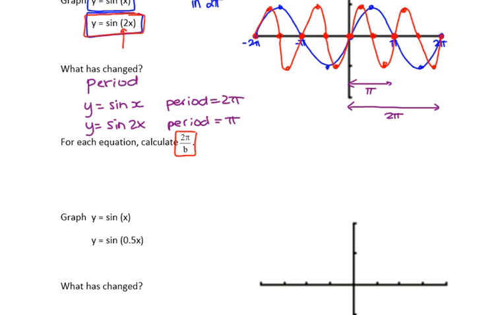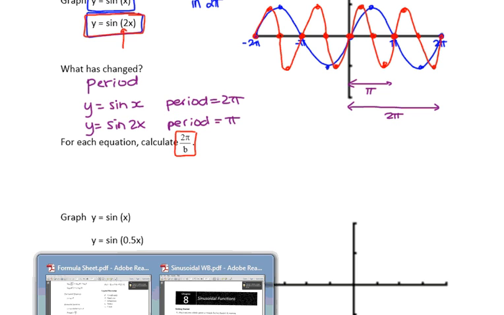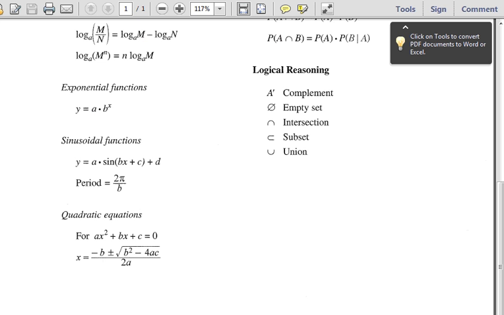What I want to show you really quickly is on your formula sheet, there's only 2 formulas for this unit. There's the general formula that has A, B, C, and D, just so you can look at it and remember where's A, where's B, C, and D. And then there's this formula for period, and period is equal to 2 pi divided by the b value of a graph.